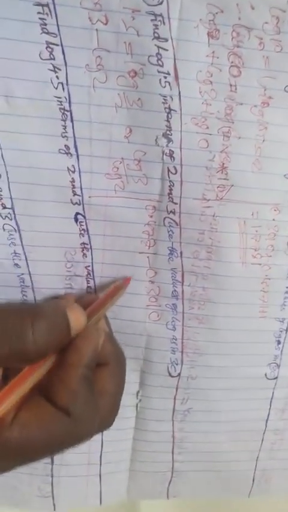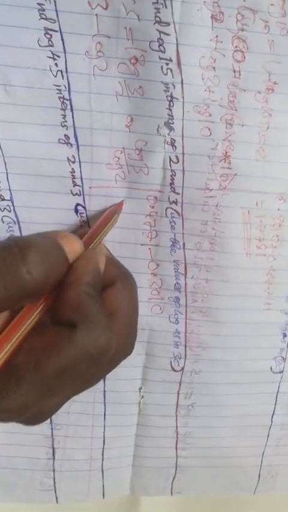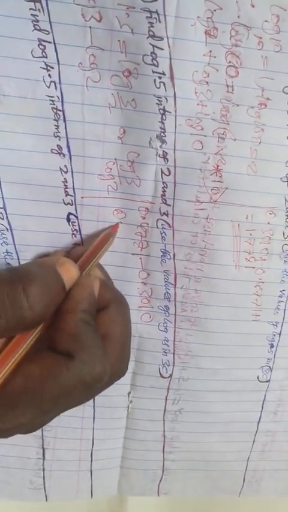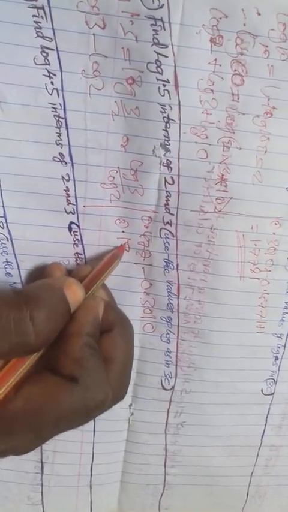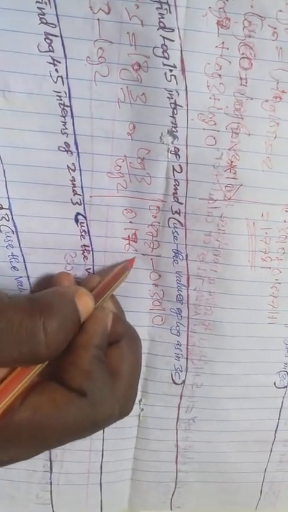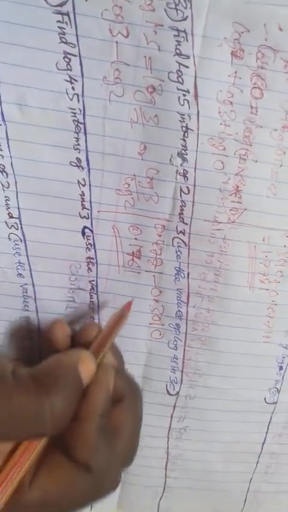If you subtract this, you are going to get 0.1761. This is the answer.